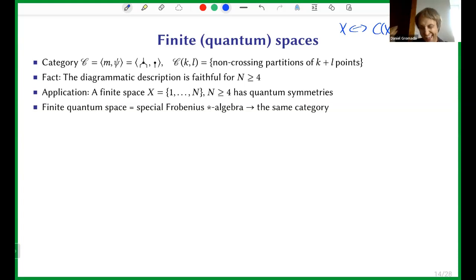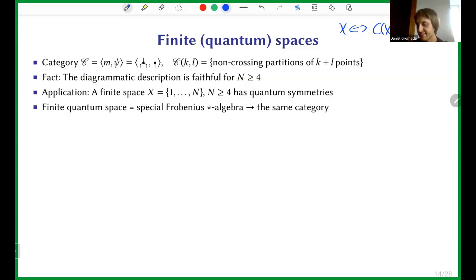And actually, for this to work, as I told you, you need some distinguished bilinear form, or equivalently a state on the C-star algebra, which makes it actually a Frobenius algebra.